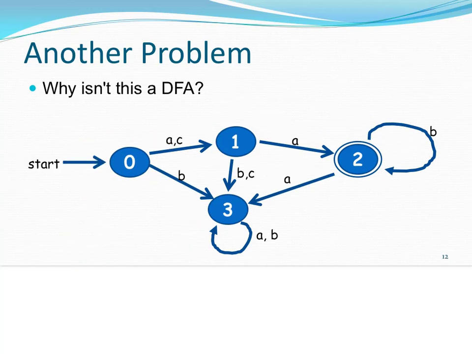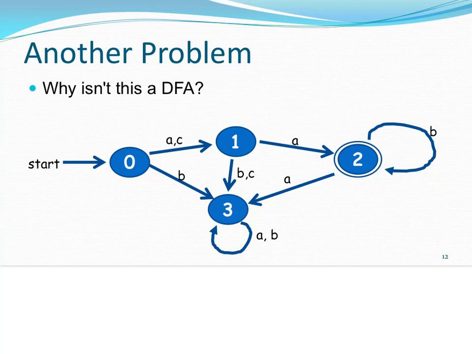So here's another thing that is trying to be a DFA but is not actually a DFA. It has a start state. I'm going to tell you to assume it's over the alphabet A, B, C, but what's wrong? Pause the video, take a look.